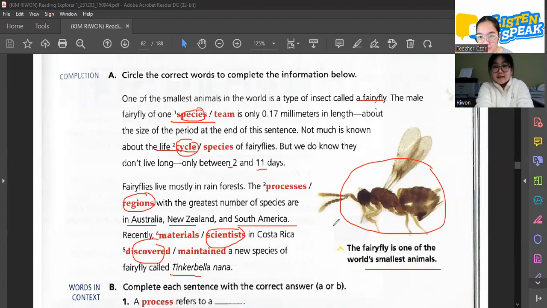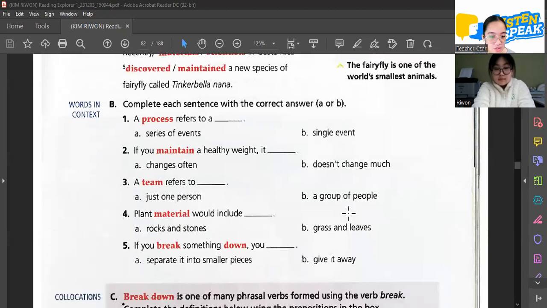Okay, so do you have any questions? No. So let's have the words in context. So here, all we need to do is to complete the sentence. A process refers to a series of events. If you maintain a healthy weight, it doesn't change much.